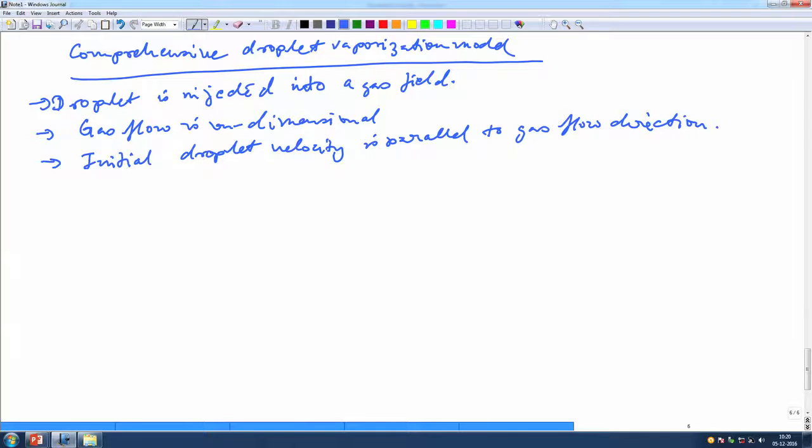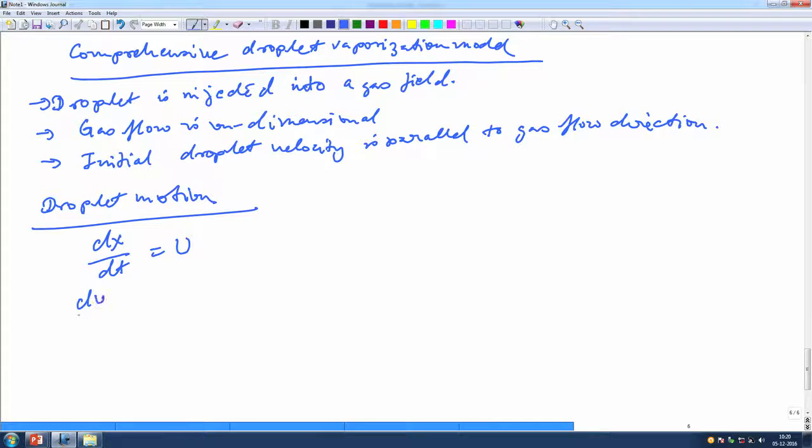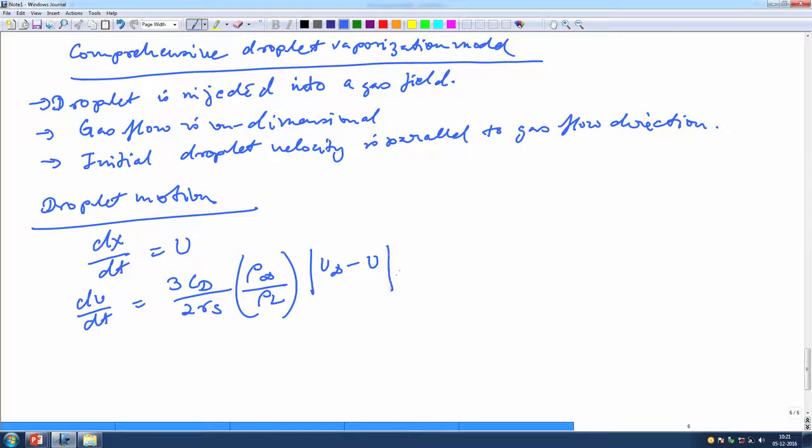We are going to analyze all the things that we have learned so far and put them under one umbrella, so that you can understand them and also solve them like that. Let us take the droplet motion first. This is the bulk motion of the droplet: dx/dt = u, and du/dt = 3 CD/(2 Rs) times rho infinity/rho L. This you already know; I am just writing it so that you get the complete picture.